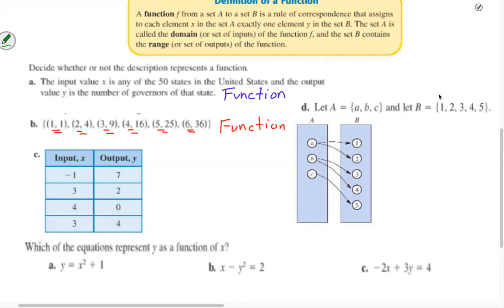Just look at the input, just the first column. What do you notice about those numbers? -1, 3, 4, and 3. 3 is twice. Guess what? Because of this, not a function. As long as that x value doesn't repeat, we got a function.